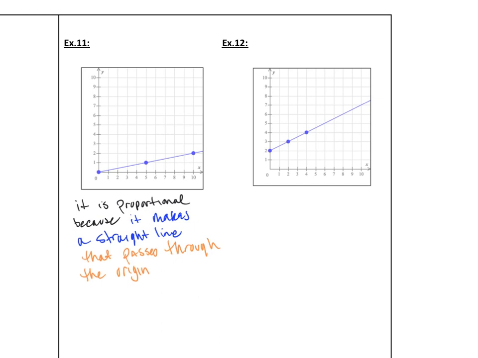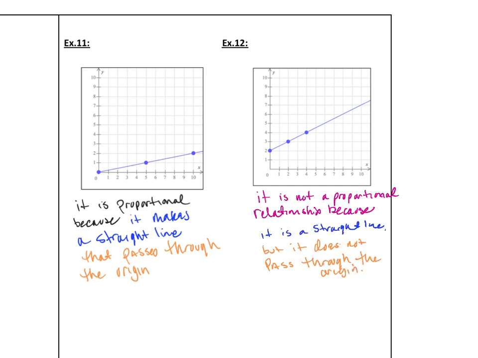How about example 12? You should hit pause, determine if that's a proportional relationship or not, and then defend your answer. You would say this is not a proportional relationship because even though it makes a straight line, it does not pass through the origin.